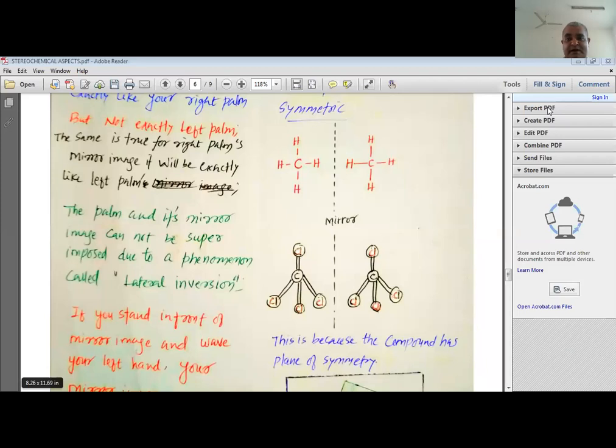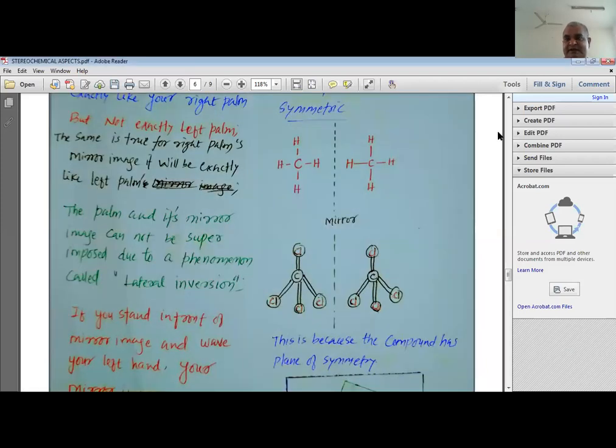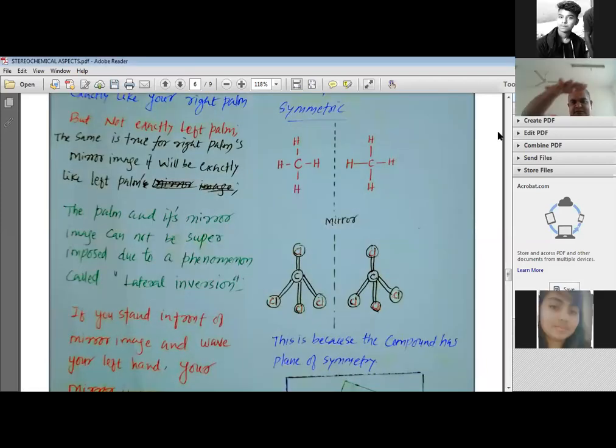Why? Because, sir, there will be a lateral inversion. You cannot superimpose. When you superimpose, your thumbs are exactly on the opposite side. You can see these thumbs. Yes or no? They are the mirror image of each other. If you put a mirror in between, they are the mirror image of each other. But you cannot superimpose them.